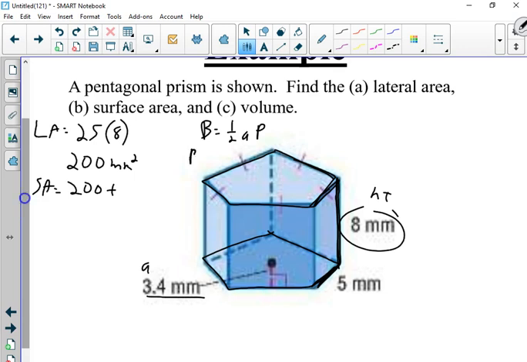So that's going to be 1/2 times 3.4 times the perimeter, which is 25.